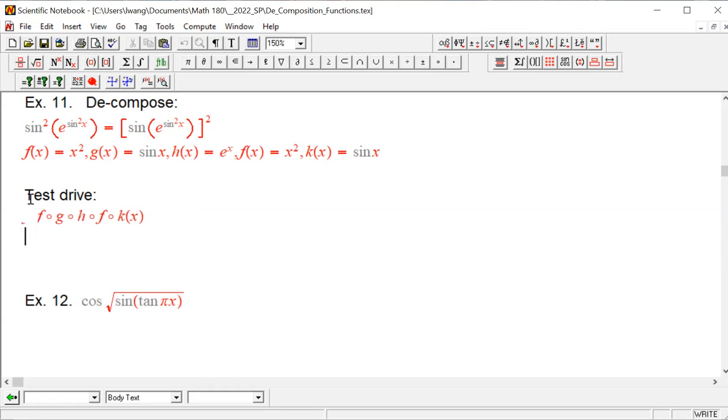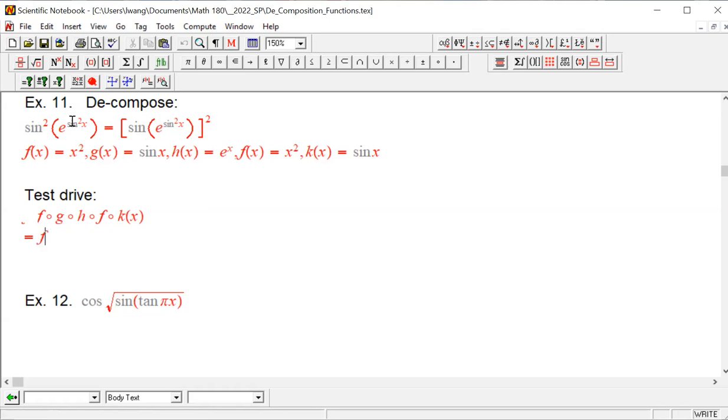So when we compose to test drive if our decomposition is correct, if you look at the decomposition, every function is a basic simple function. So now what do we have? We're going to do it layer by layer.